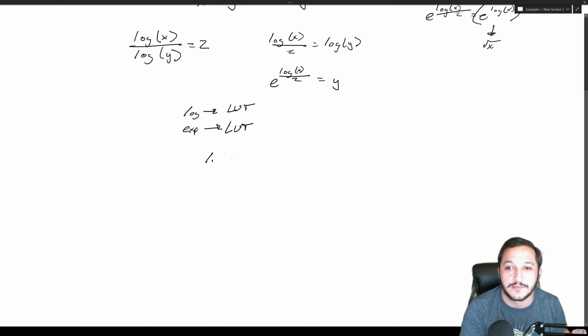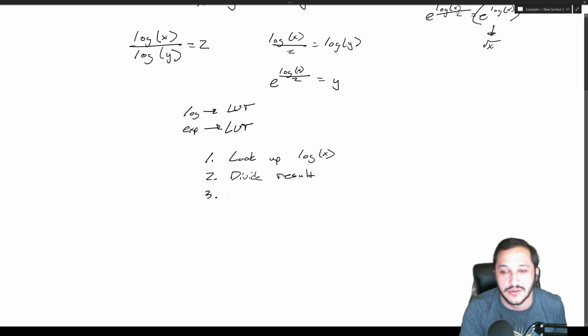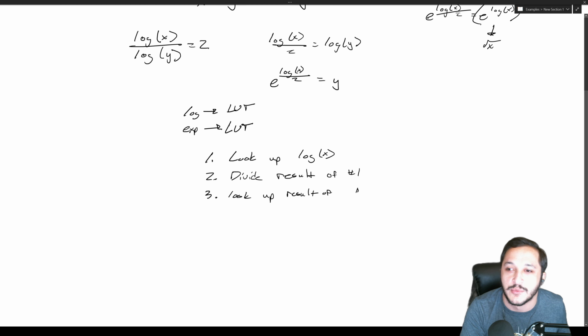Step 1 is look up the logarithm of x, step 2 is divide the result by 2, and step 3 is you just look up Euler's constant to the power of the result of number 2.